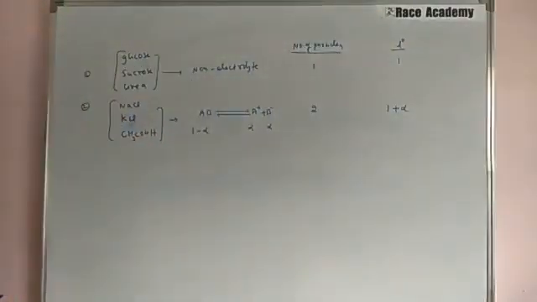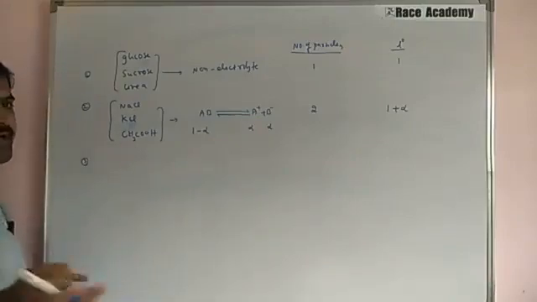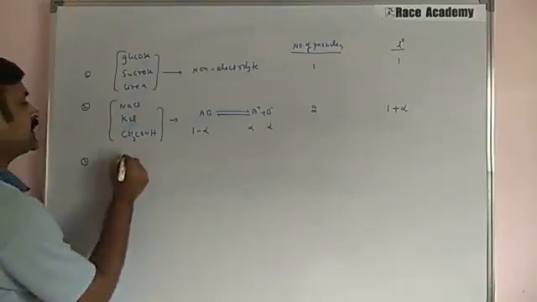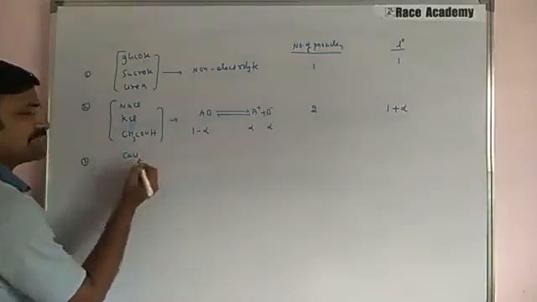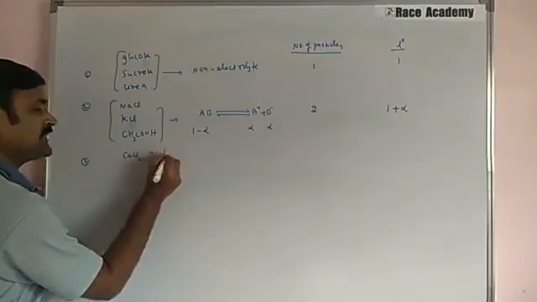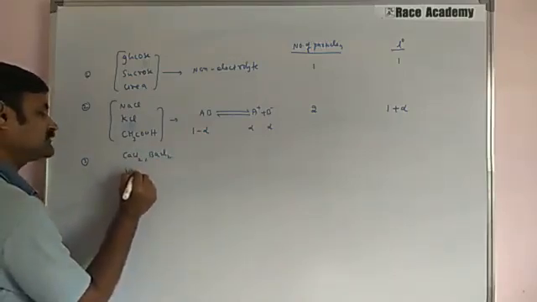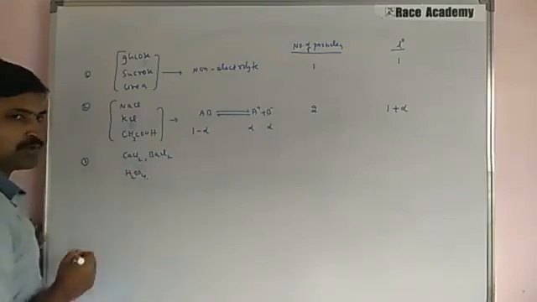Moving on to another type, AB2 type or A2B type. Like calcium chloride is the best example. Not only that one, barium chloride we can take, and we have sulfuric acid, H2SO4.